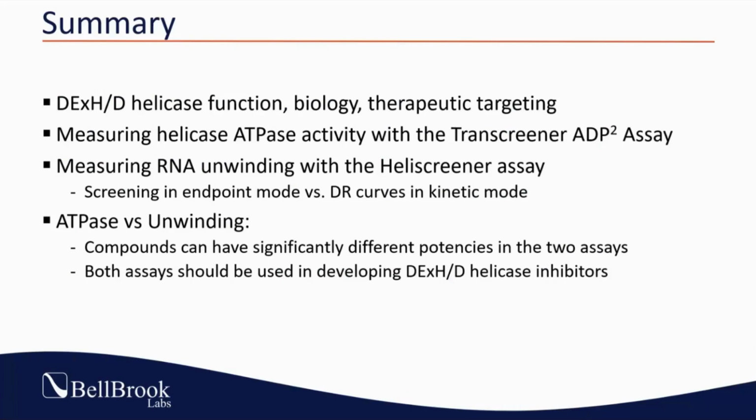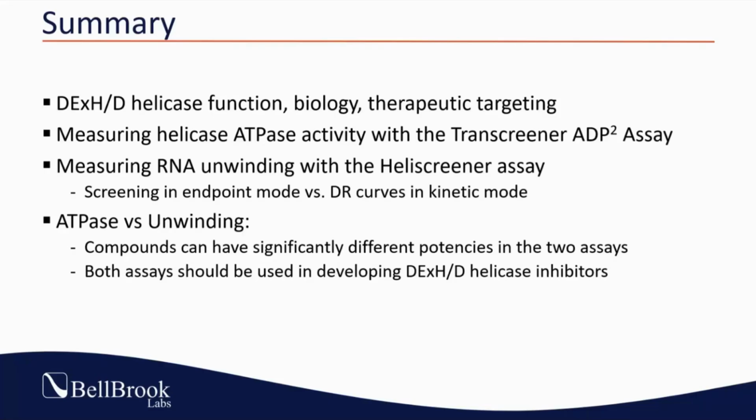So to give you a summary of what we're going to be talking about today, we'll be going through a brief overview of dead box helicase function and biology and the reasons why they're being therapeutically targeted, which I'm sure some of you know a lot more about than I do.